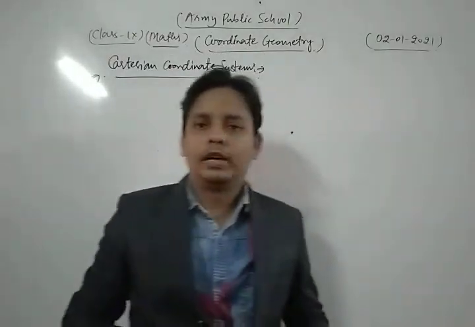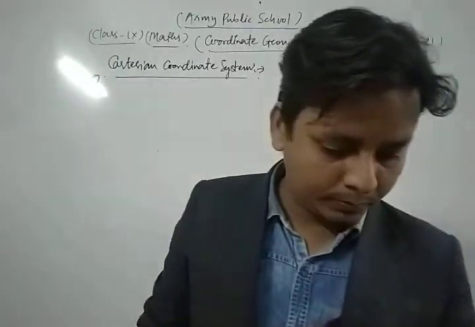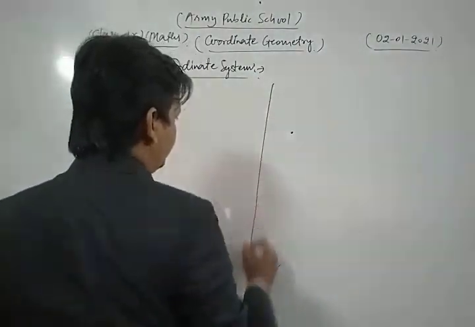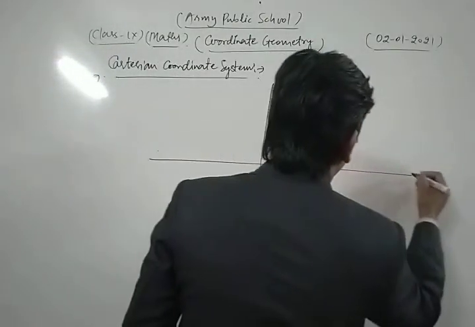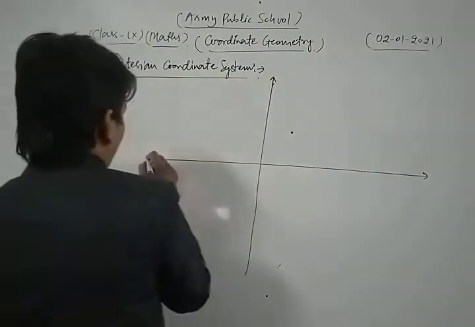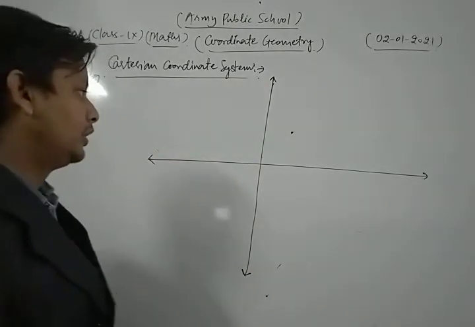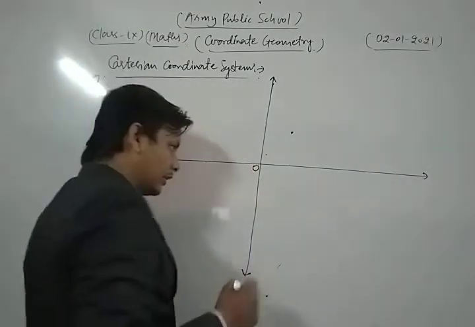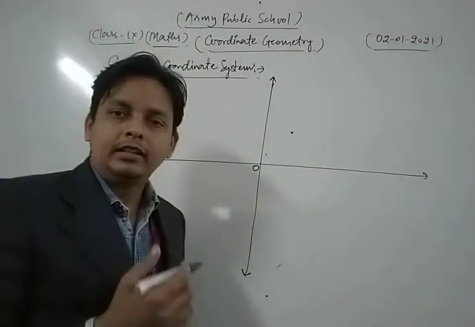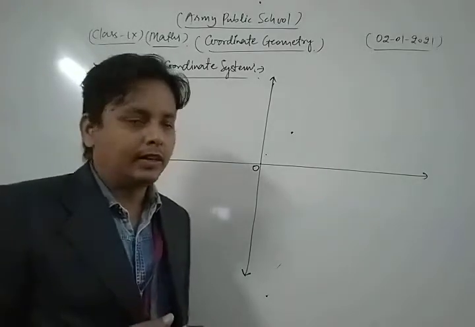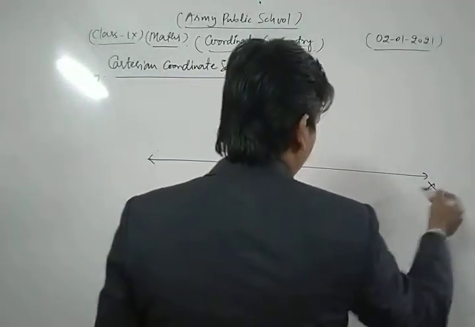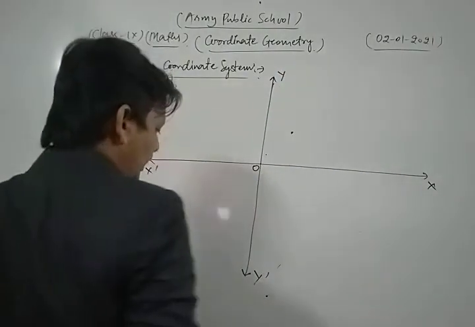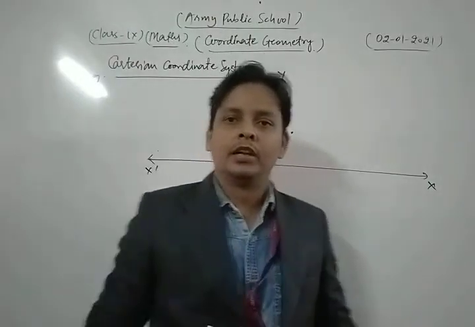Let's start, dear students. In this chapter, first of all, suppose that we draw two mutually perpendicular lines which intersect each other at a right angle at point O, dear students. Here these two lines are mutually perpendicular to each other and named as X'OX and YOY'.